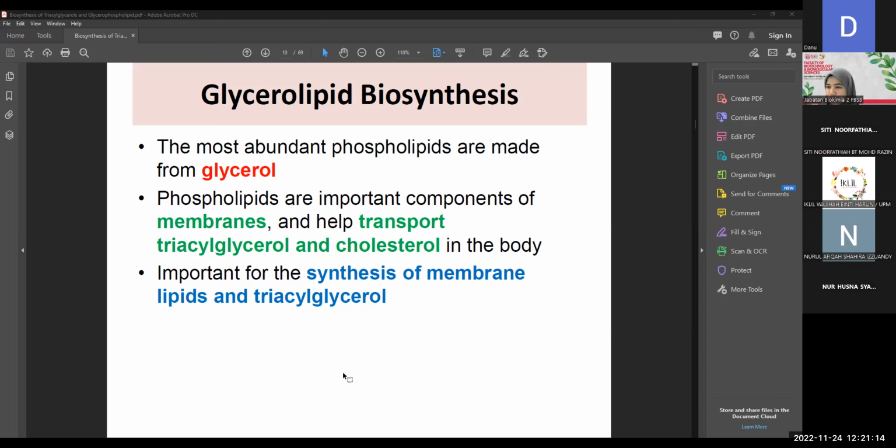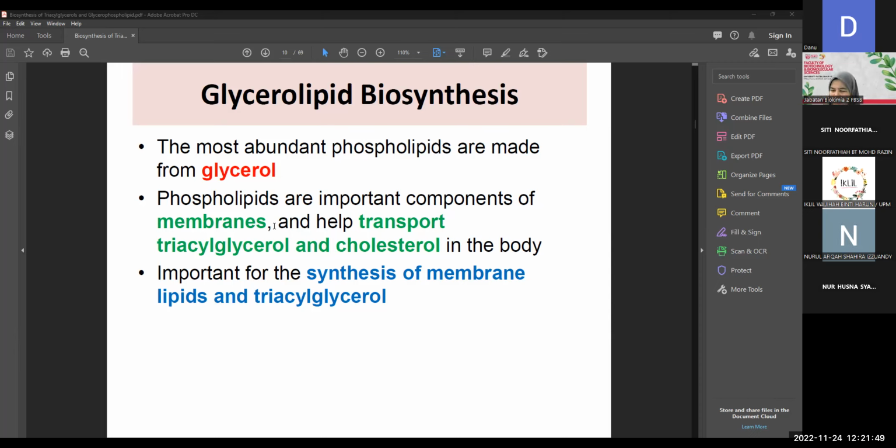Phospholipids are important components of membranes, and they also help transport triacylglycerol and cholesterol in the body. There are many roles of membrane lipids in our body, whether in the brain, in organ protection, or in blood clotting.